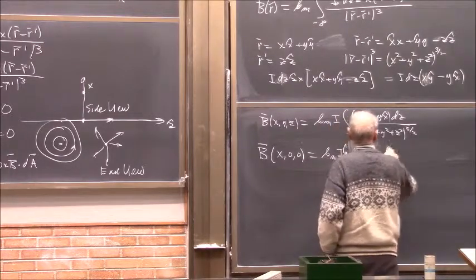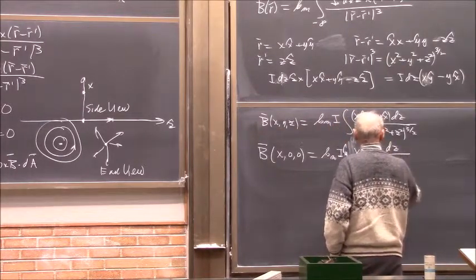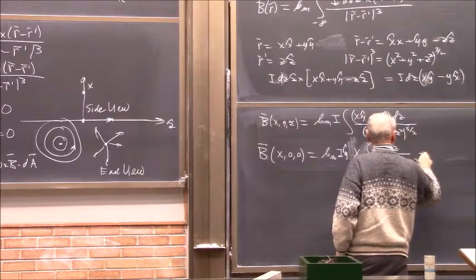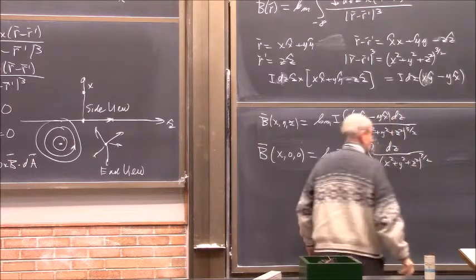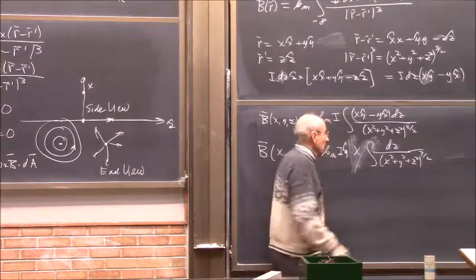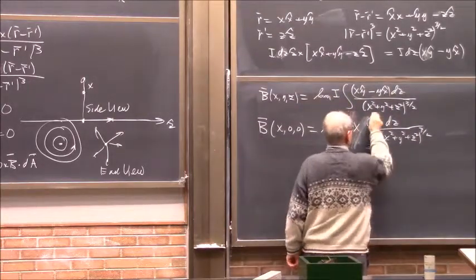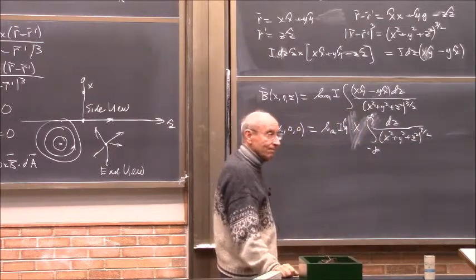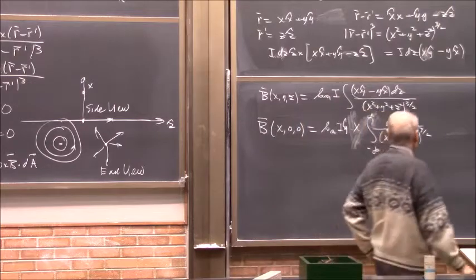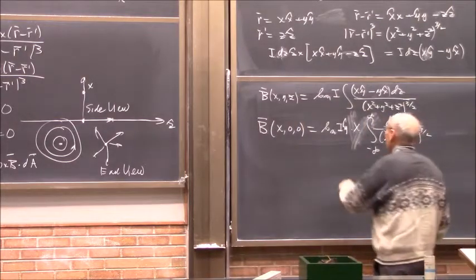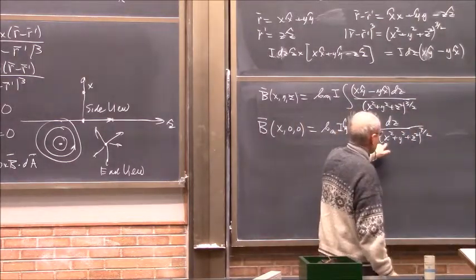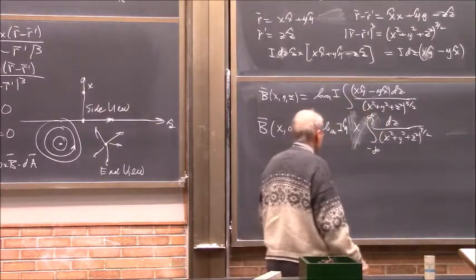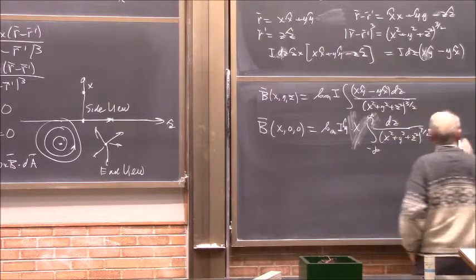And we're left with dz over x squared plus y squared plus c squared to the 3/2, from minus infinity to infinity. Okay? So all we have to do is evaluate this integral, but that's a trivial integral to evaluate.